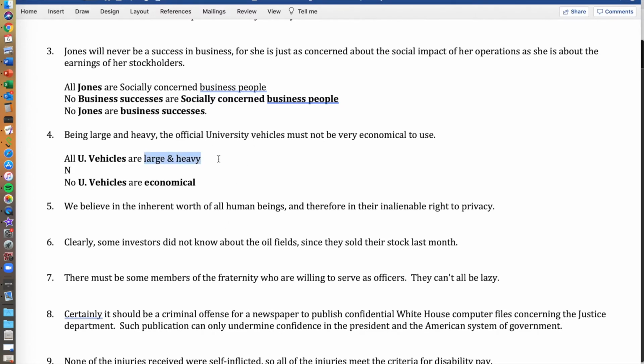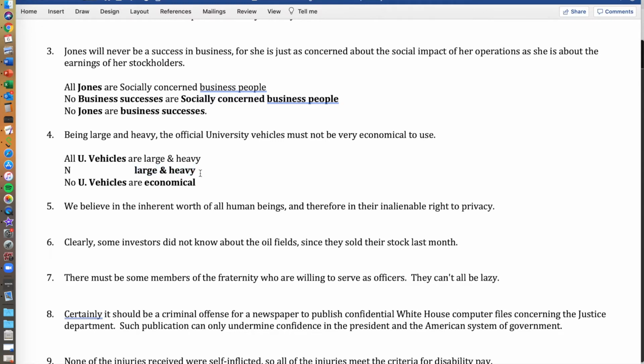Large and heavy vehicles is not distributed in the first premise because it's predicate of an affirmative, which means it must be distributed when it reappears in the missing premise. Now, we know that predicates of negatives are distributed, so we can drop this down into the predicate position, and we'll know then that it's going to be distributed if it appears as the predicate of a negative, all right?